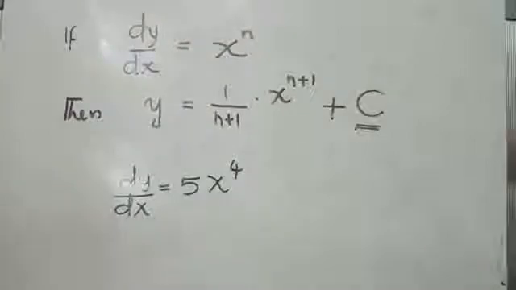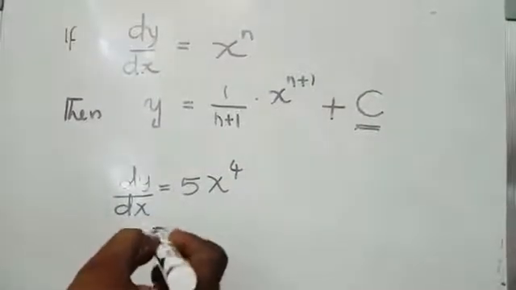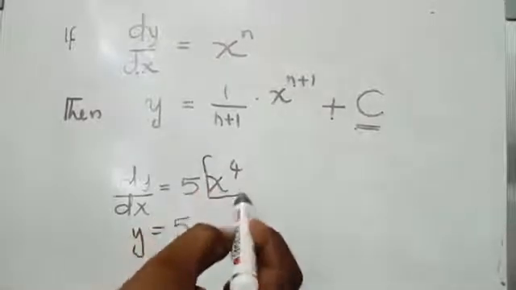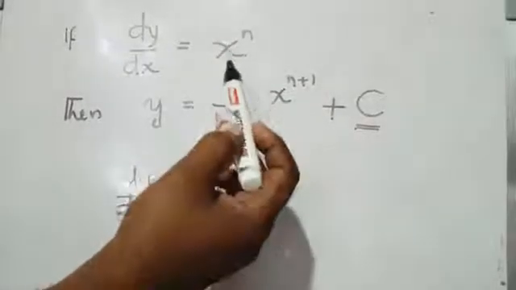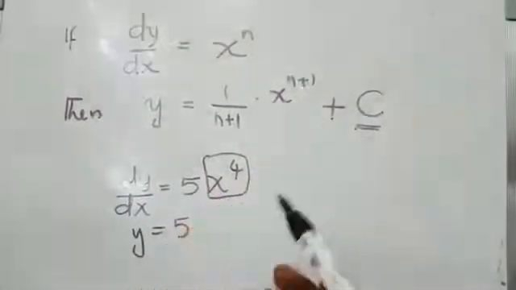Like dy by dx is equal to 5x raised to 4. This was the dy by dx we discussed in the last question. We need to find the value of y. So y is 5 into, when you integrate x raised to n, it is 1 by n plus 1 into x raised to n plus 1.